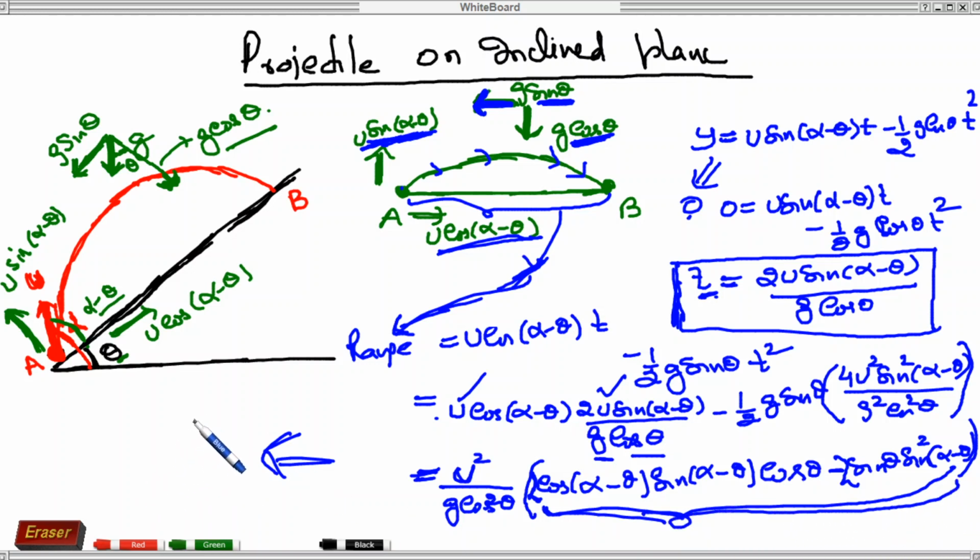it will give an output u square over g cos square theta, and its sine 2 alpha minus theta minus sine theta.